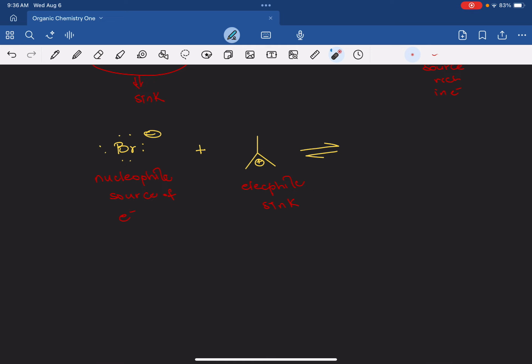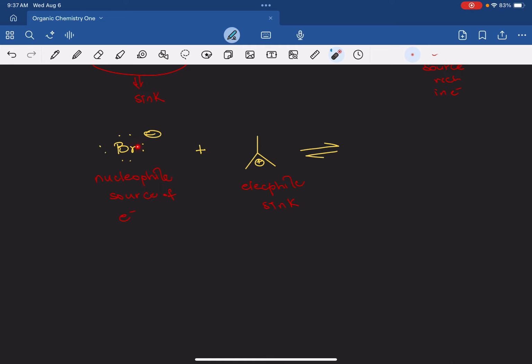Remember, when you draw your arrow, the tail must start at the source and proceed to the sink. The tail needs to go from either a lone pair or a bond.